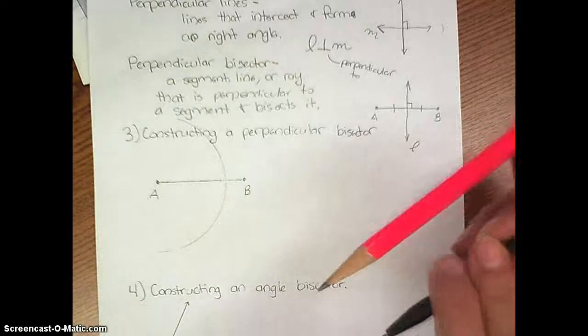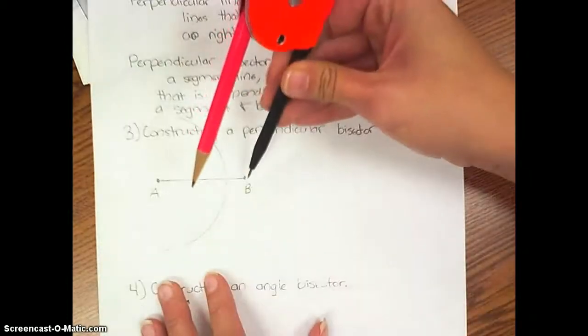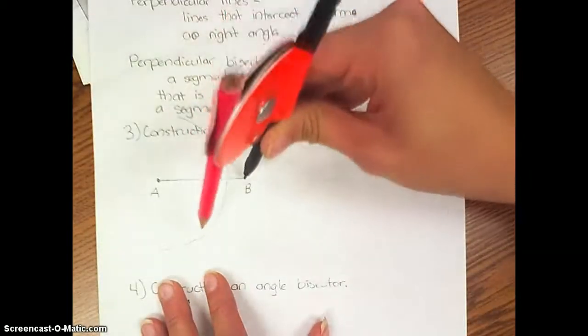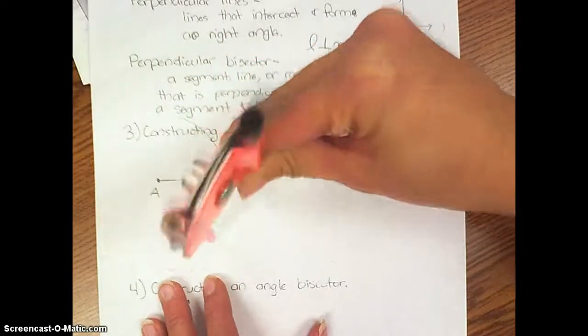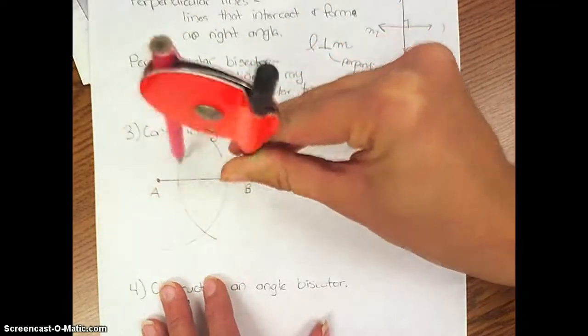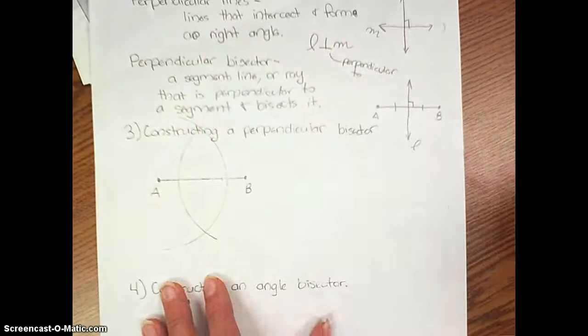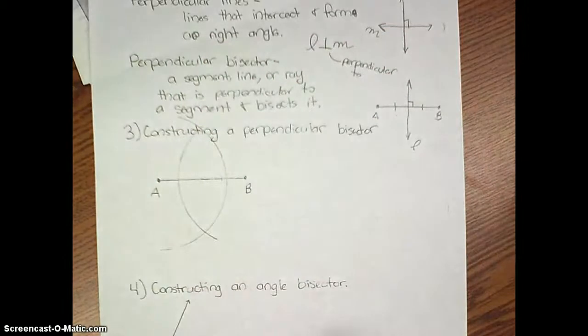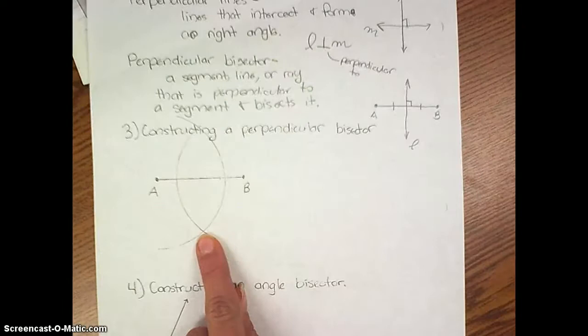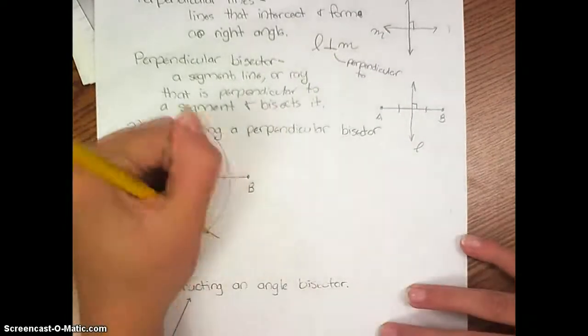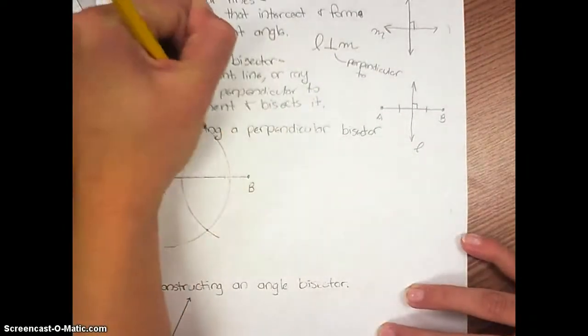Now you're going to put your point at the other endpoint, endpoint B, and you're going to do the exact same thing. You're going to make a semicircle there that goes through both sides of the other arc. And now you can see they intersect here. They also intersect here. Those are 2 points on your perpendicular bisector.